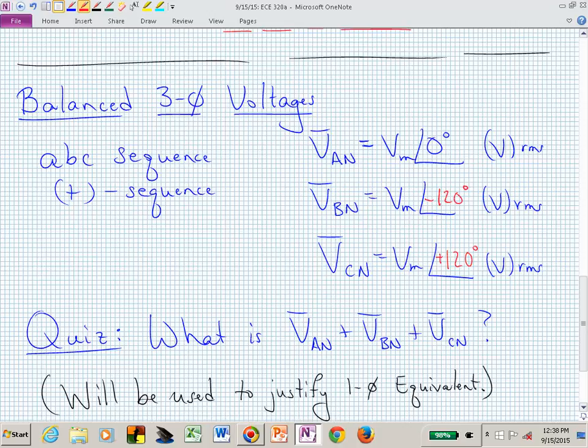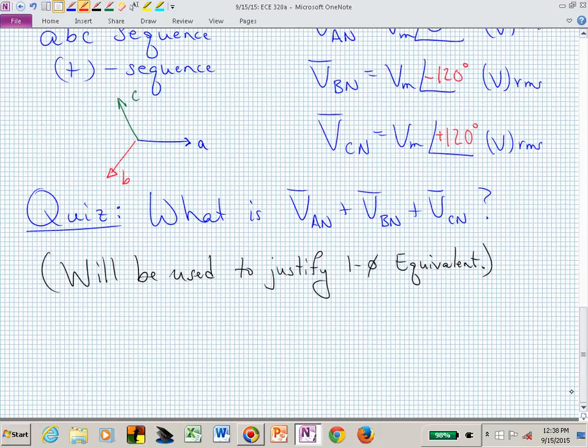You've now told me that this positive phase sequence, let's say that here is the A phase, here is the B phase, and there's the C phase. But if you combine those head to tail, so if we go from the tail of A to the head of A, we go there.